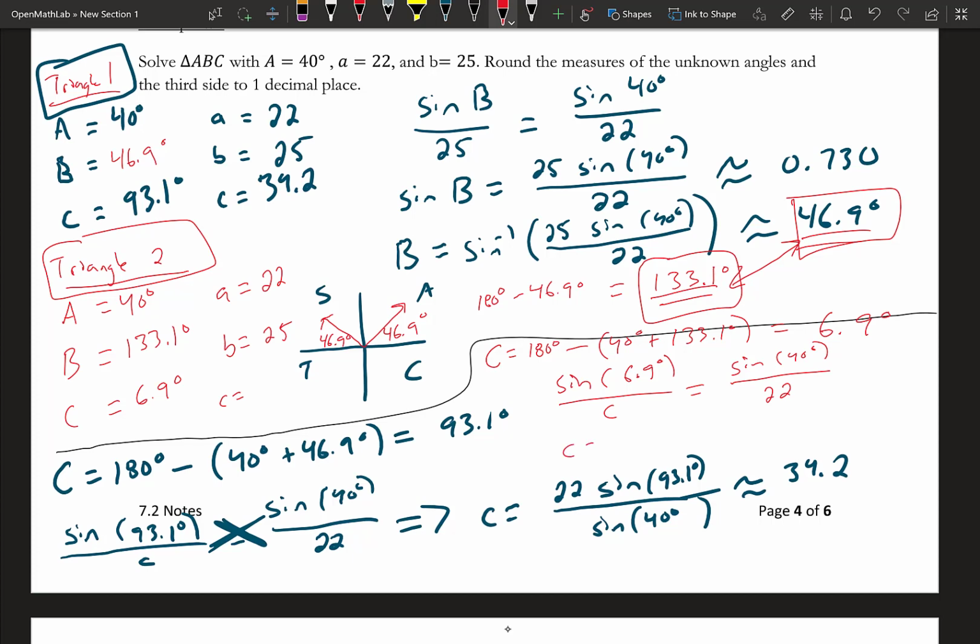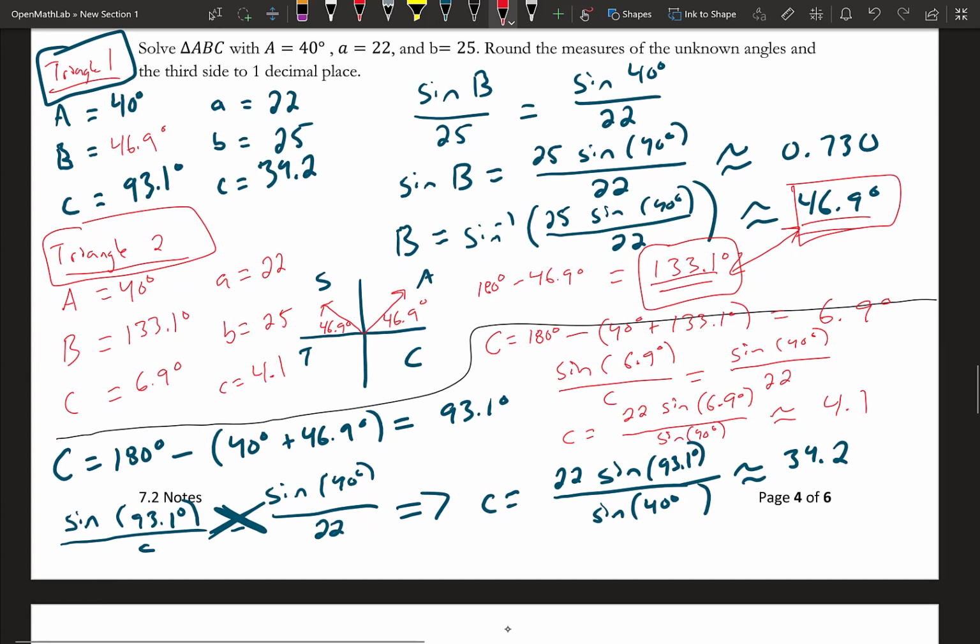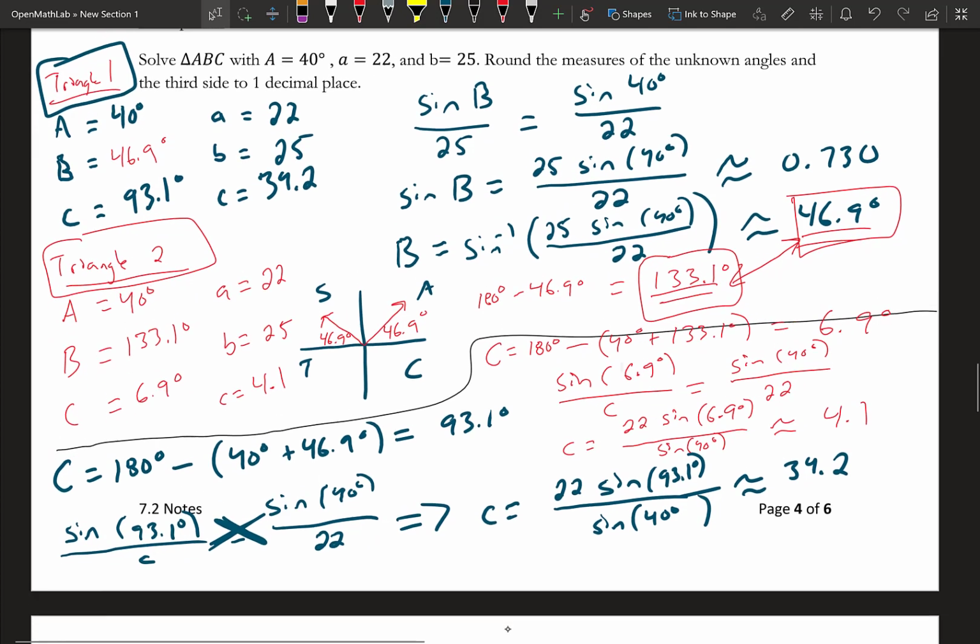So little c is going to be equal to 22 times sine of 6.9 degrees, all divided by sine of 40 degrees, which is approximately equal to 4.1. So there's all of those parts, right? So we had two triangle possibilities.